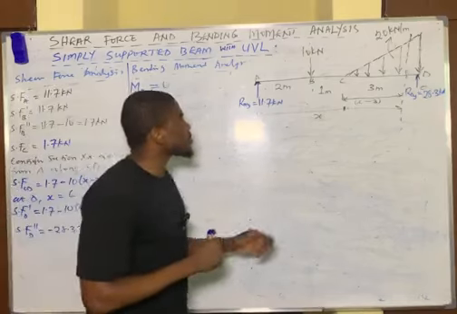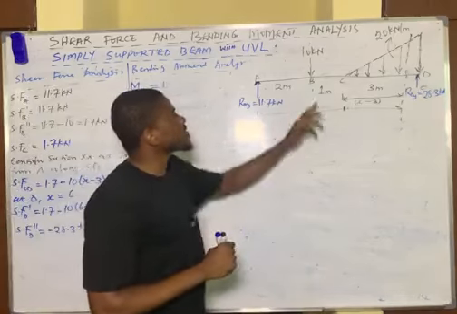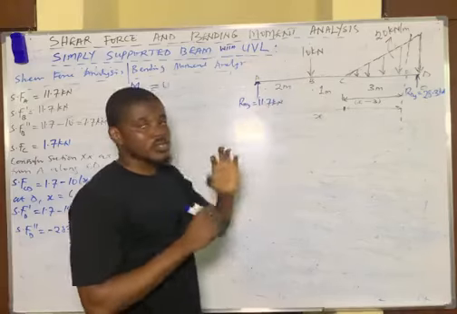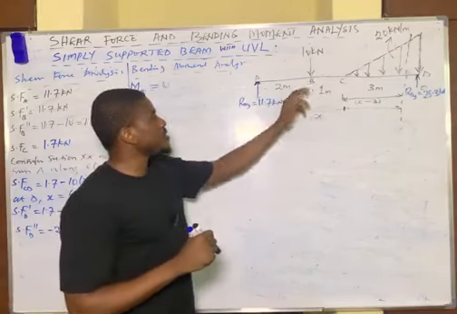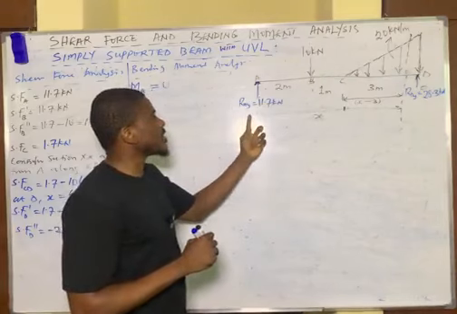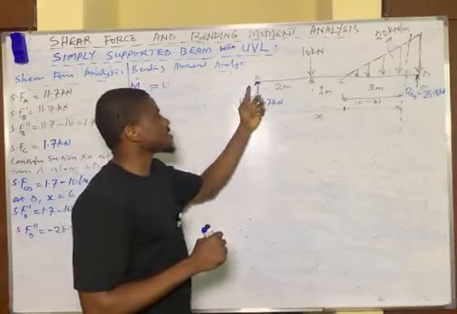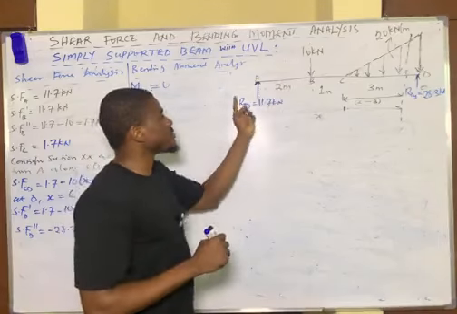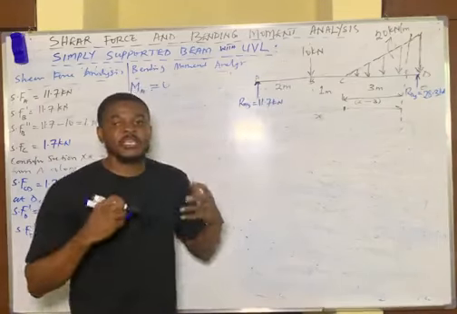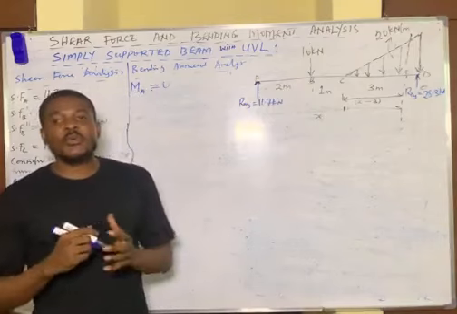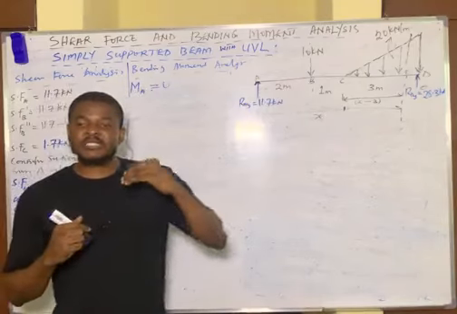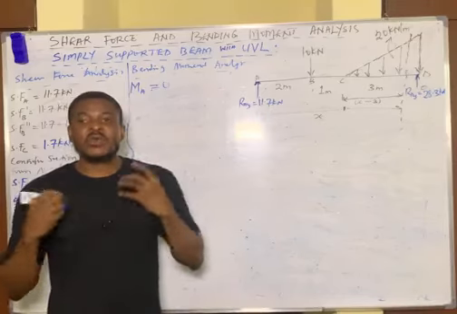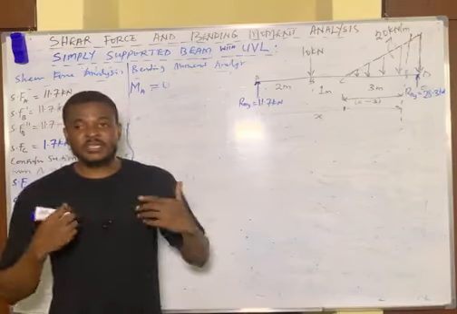Now, moving down to point B, the moment of this 10 kilonewtons force at point B is also 0. But now at point B, we have this 11.7 kilonewtons force, which has a distance about point B. So we can find the moment of this force about point B. When doing bending moment analysis, always consider the moment of vertically upward force to be positive, whereas the moment of vertically downward force to be negative.